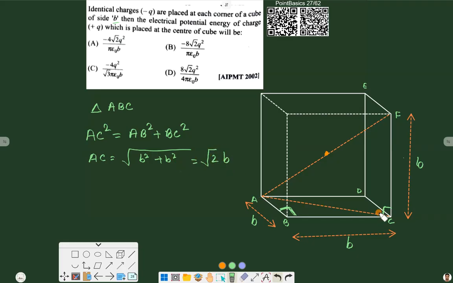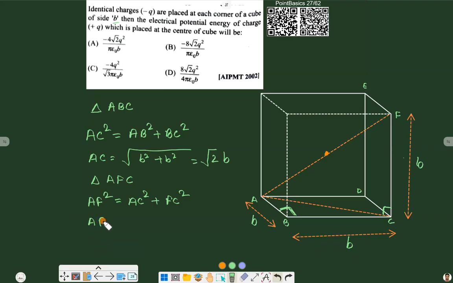Now we have the value of AC. Now in triangle AFC, AF square is equal to AC square plus FC square.